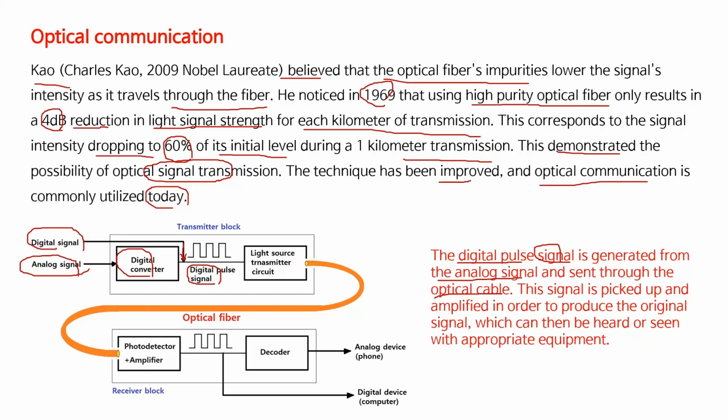This digital pulse signal is transmitted through the optical fiber, and these optical signals are received by a photodetector and amplified, and then converted into an analog signal by a decoder for the phone or display.